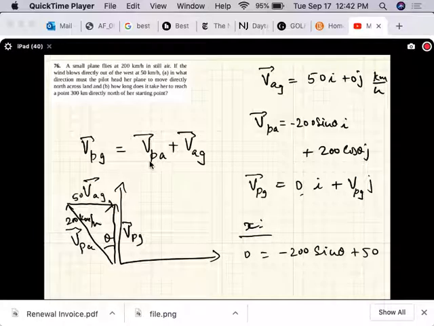What we have written is that the x component of this vector is equal to the x component of this vector plus the x component of that vector. And from that you can calculate theta.